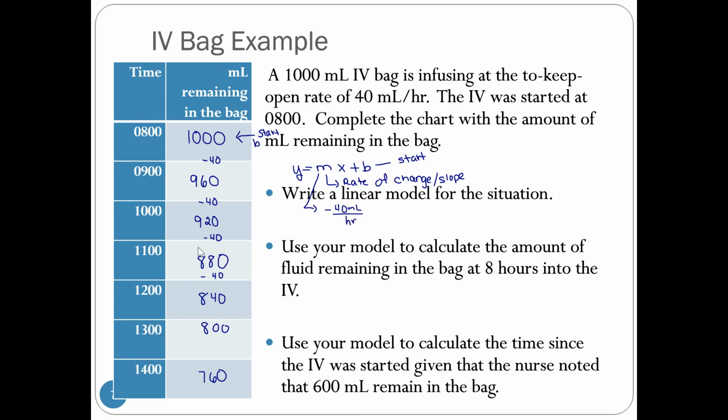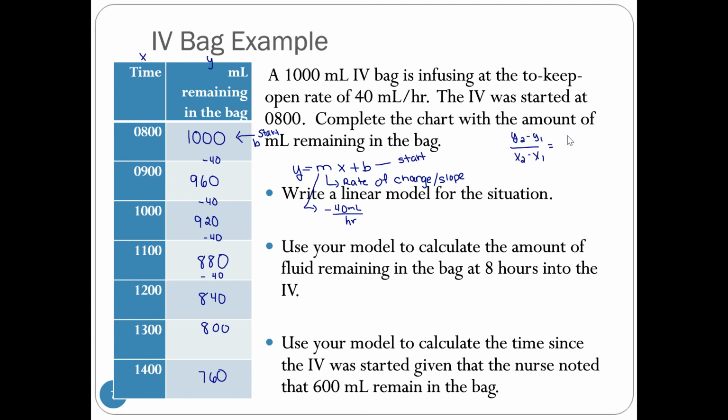Now, when we're dealing with time as our x variable, it actually could be misleading to use the slope formula. Let me show you. Our slope formula says y2 minus y1 over x2 minus x1.